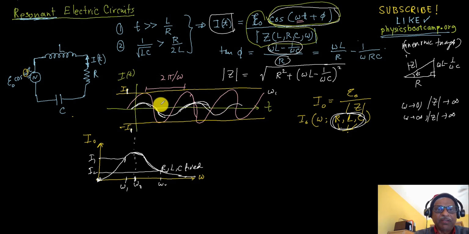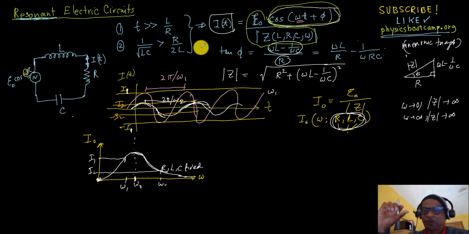Of course the period will still be 2 pi over omega 2, and this is 2 pi over omega 1, but now it's going to be oscillating between I2 and minus I2.